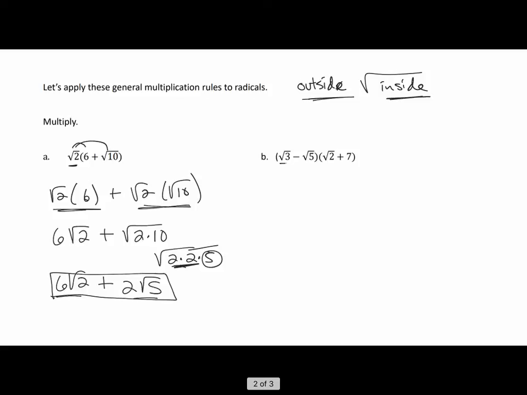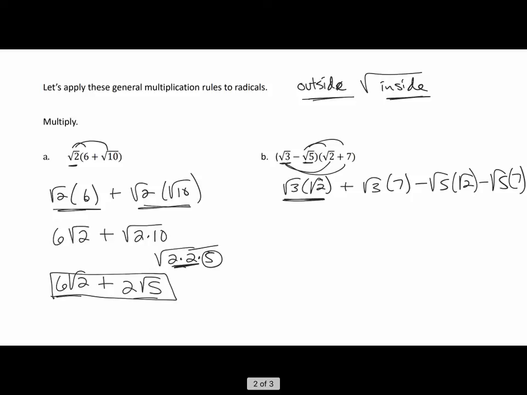For b then, we're going to distribute each term to each term. So square root of 3 times square root of 2 plus square root of 3 times 7. And then distribute the minus square root 5 times square root 2 minus square root 5 times 7.